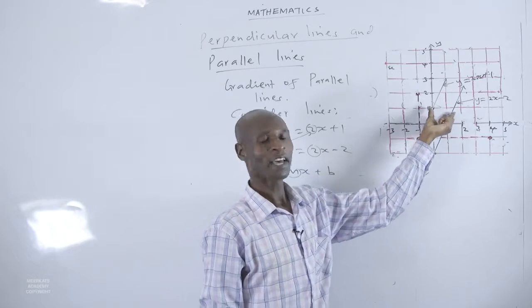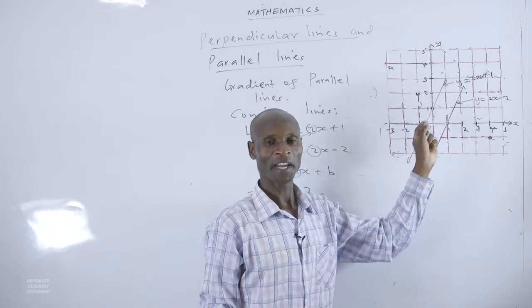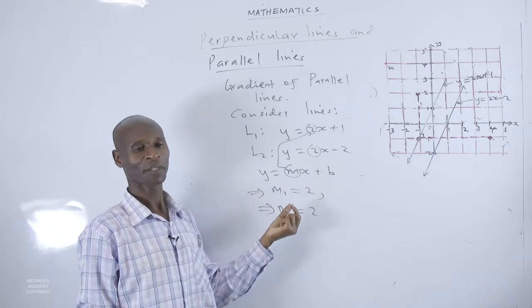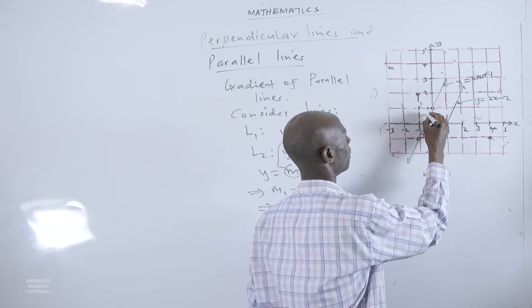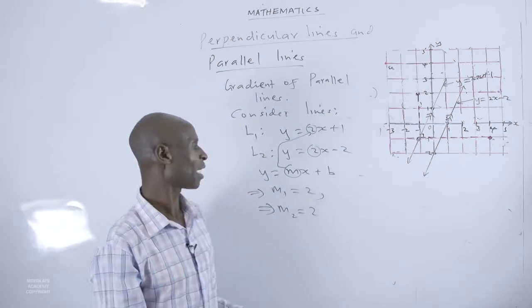Now, when the two lines have been plotted, they are parallel. So that means if two lines are parallel, then they have the same gradient. The two symbols show that the lines are parallel.